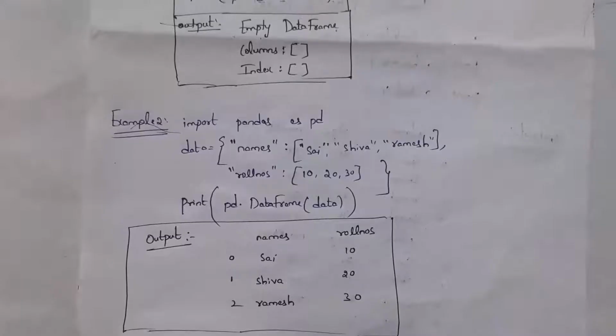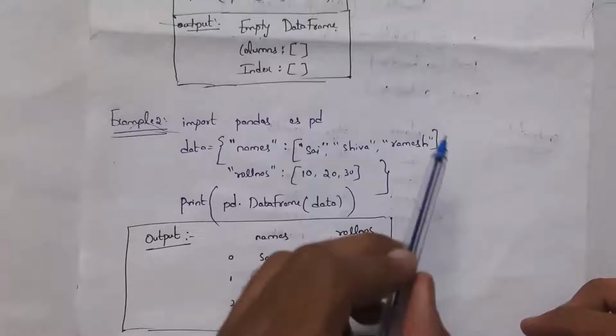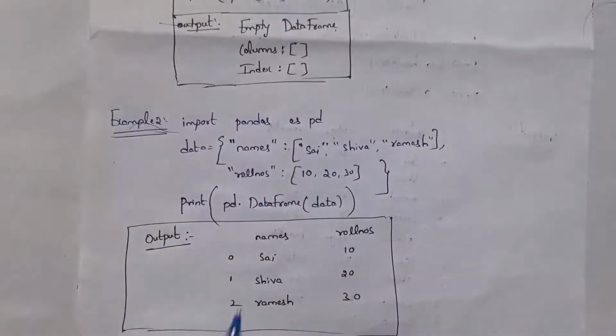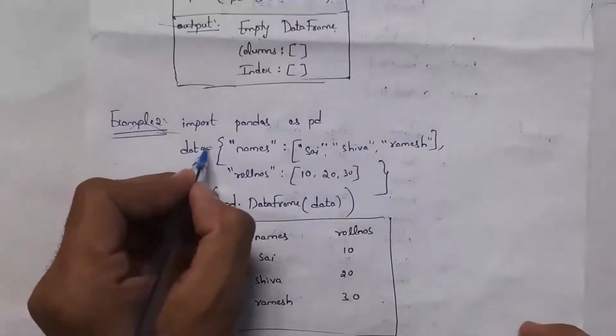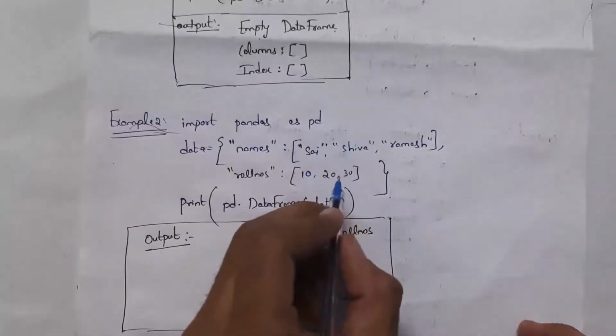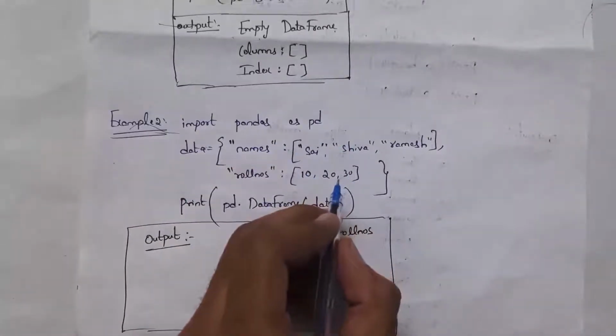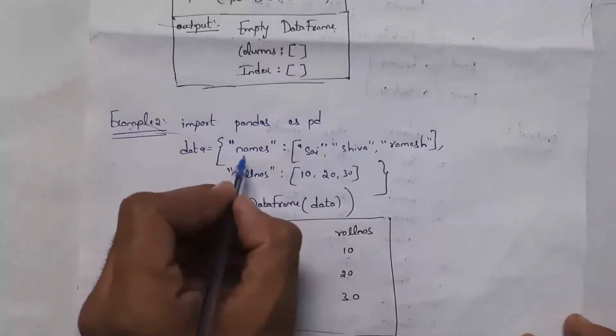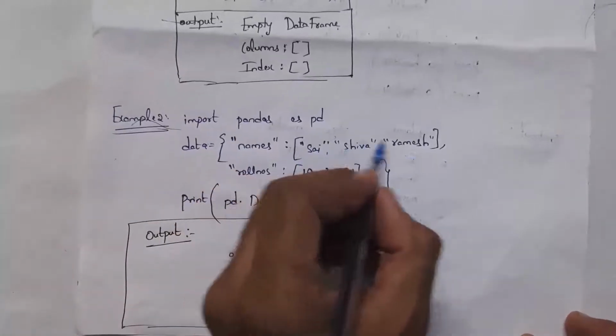This is one more example. This time I want to represent a dictionary in the form of a DataFrame, that is nothing but in the form of a table. So at first write import pandas as pd, and next I am taking variable data equal to a dictionary where the key is names, and these are values. Guys, I am passing a complete list as values. So this names is the key, and Sai, Shiva and Ramesh are values.